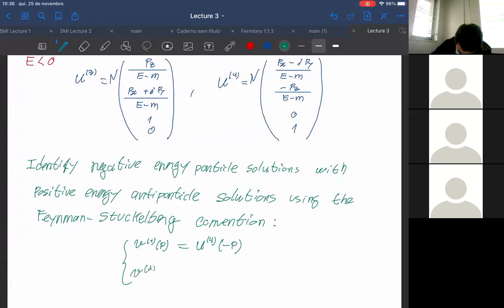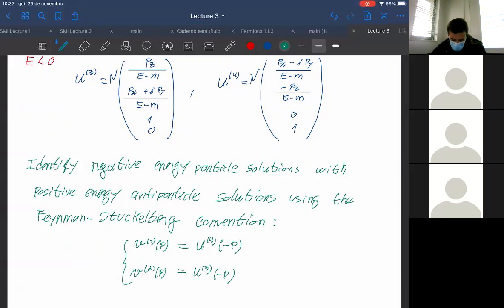And v2(p) equal to u3(-p). This is one possibility, it is not unique, but it is the most convenient because you will see how the final solutions look, and you'll easily identify the particle and antiparticle ones with this convention. This is the so-called Feynman-Stueckelberg convention.